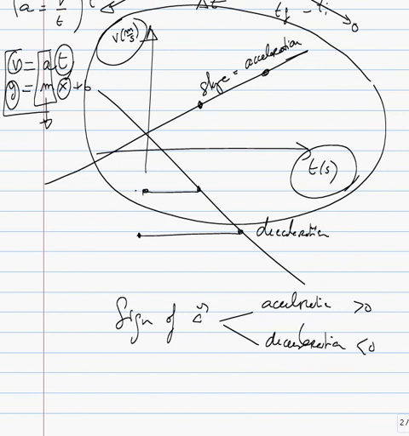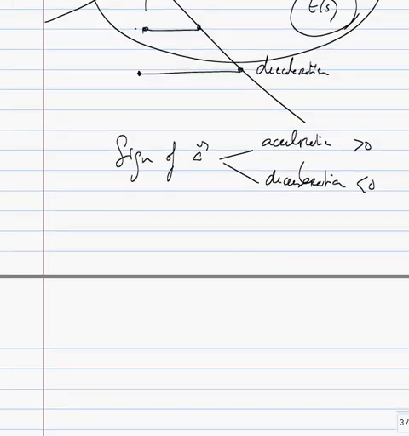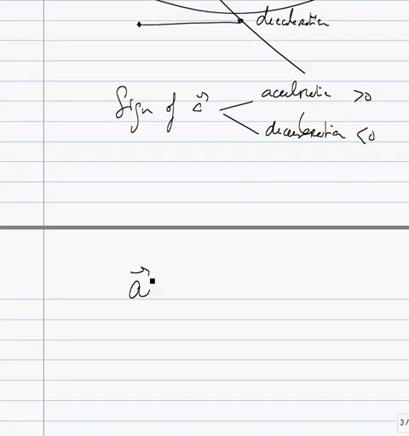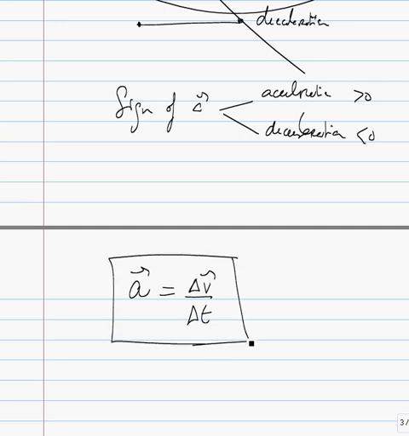The same way as we took the limit as delta t going towards 0, we can do the same thing with acceleration. So really, when we use delta t and delta v, we're considering a big interval.